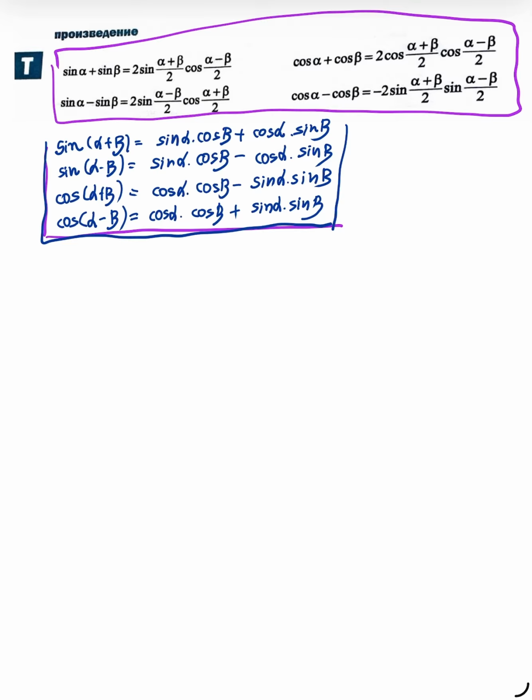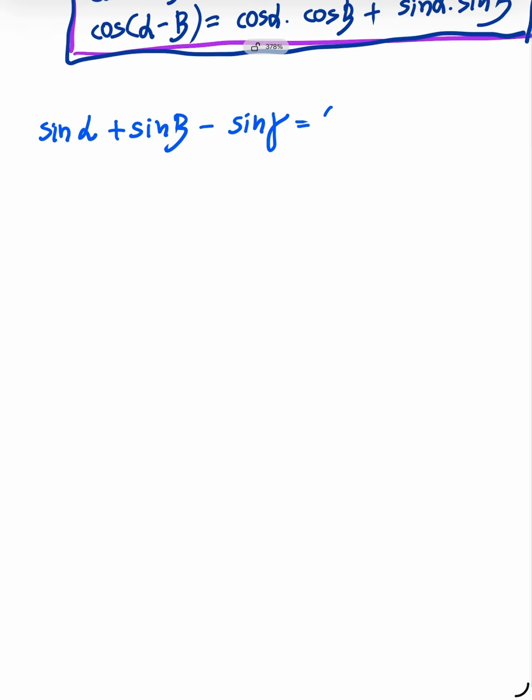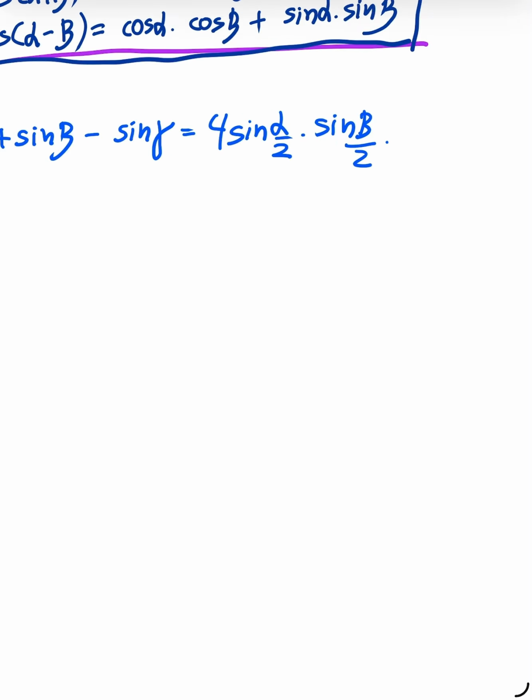So we're starting with the first identity, which is sine alpha plus sine beta minus sine gamma to be equal to 4 sine (alpha divided by 2) times sine (beta divided by 2) times cosine (gamma divided by 2).